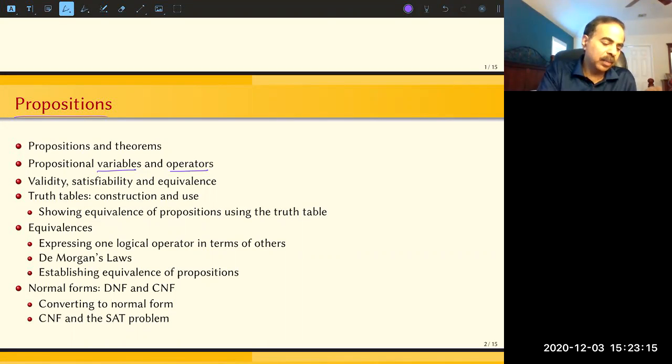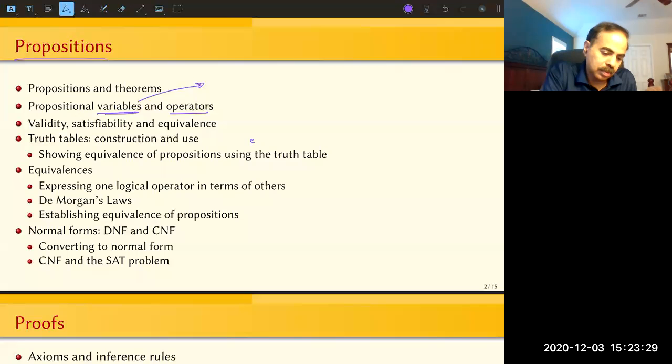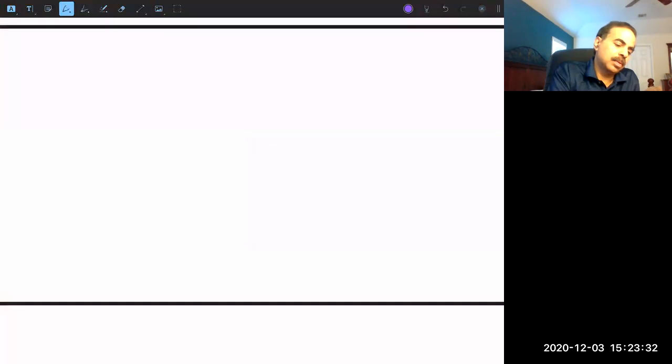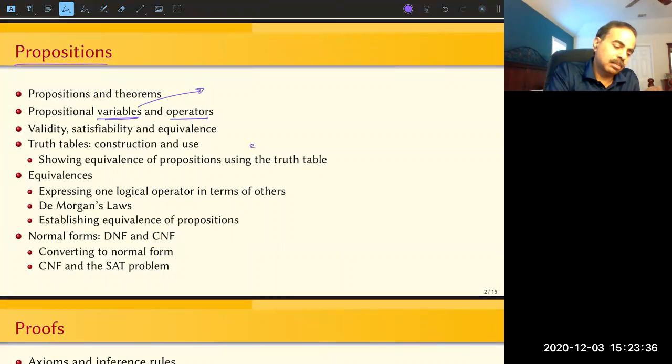And we defined the notion of variables, and each variable in a proposition can be either true or false.